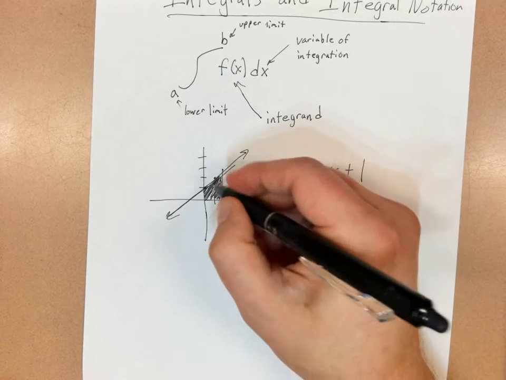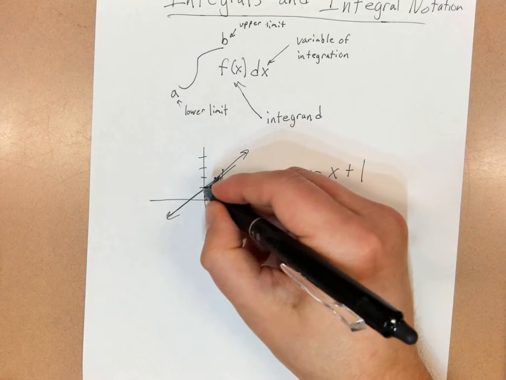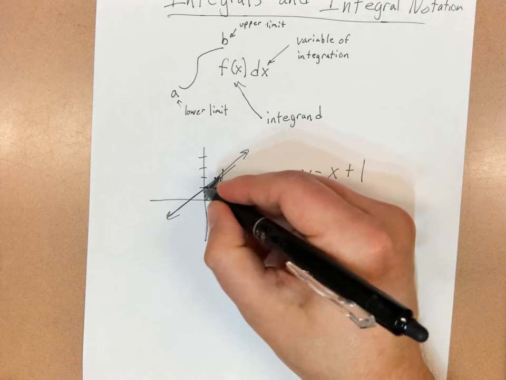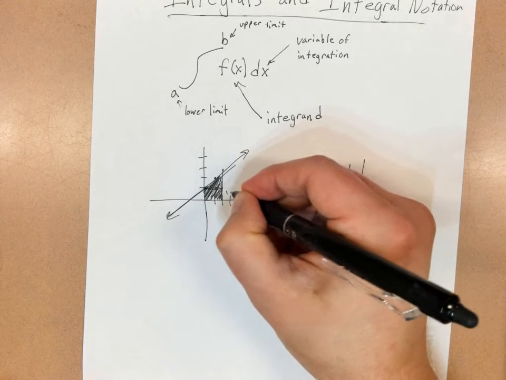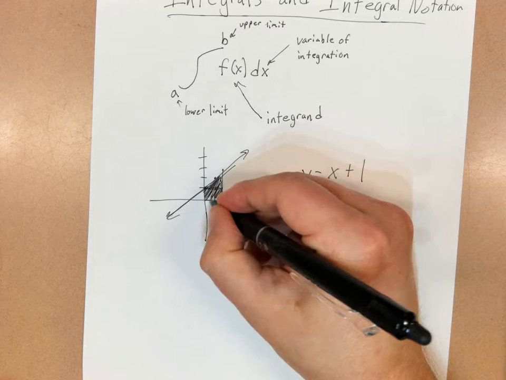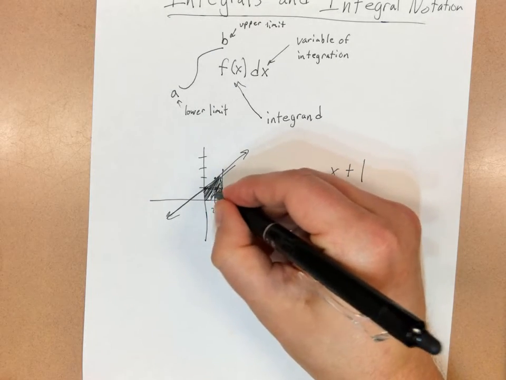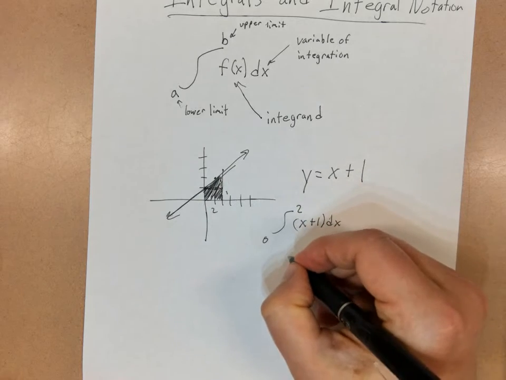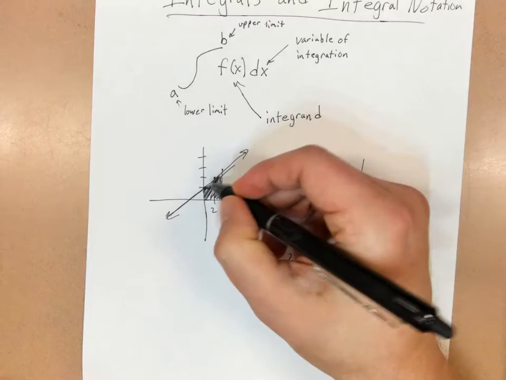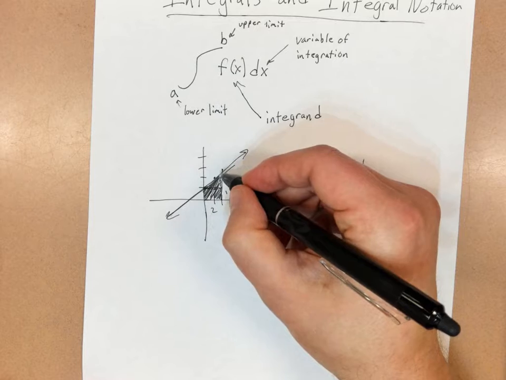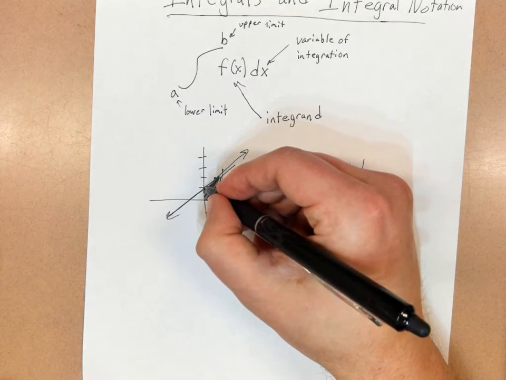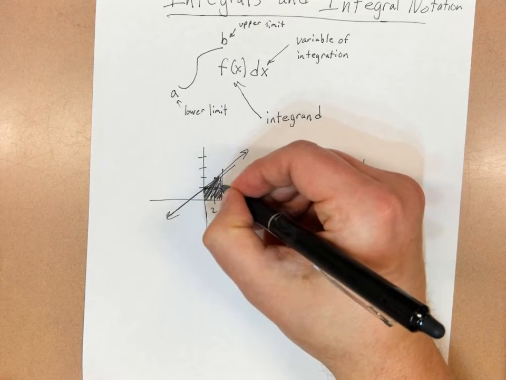And so what you could do is go through and calculate: I'm going to split this up into a rectangle. The height of the rectangle is 1. The width of the rectangle is 2. I know the area is length times width, so the area of that rectangle is going to be 2. Plus now I want to add the area of the triangle. When I look at the triangle, the base is 2.